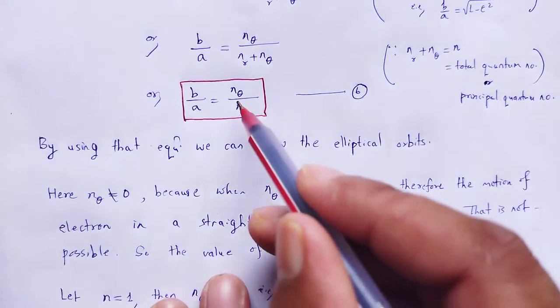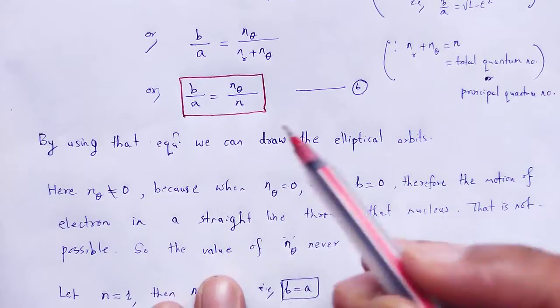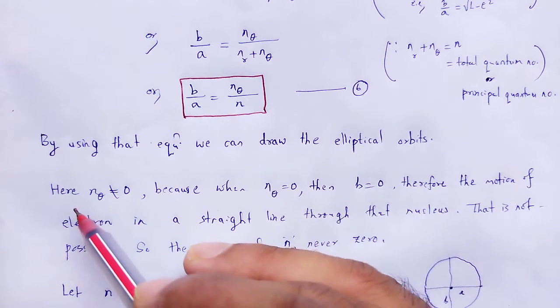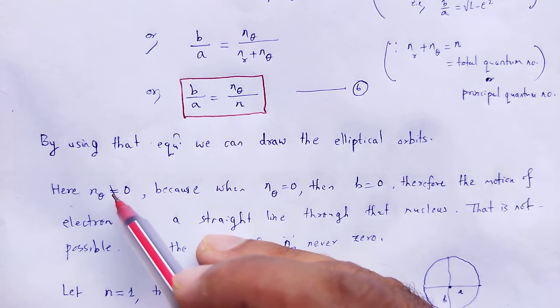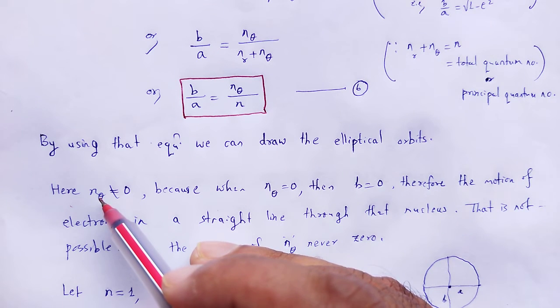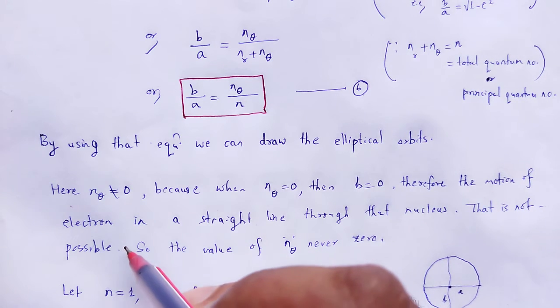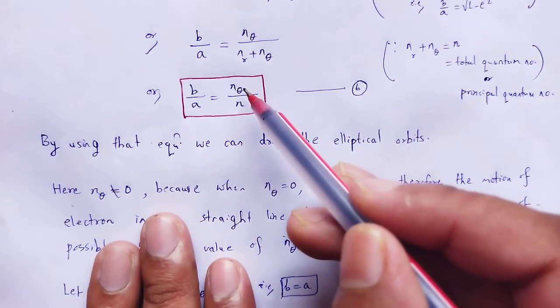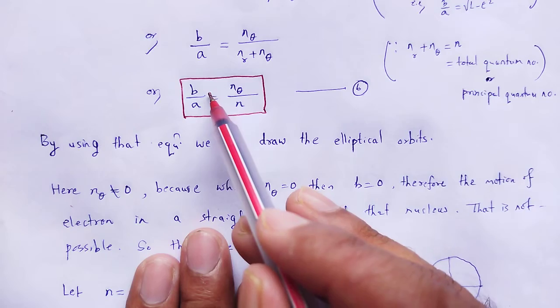Look here, in the expression, the condition is n theta not equal to 0. n theta is the azimuthal quantum number. Why n theta not equal to 0? If we put n theta as 0, then b will be 0.